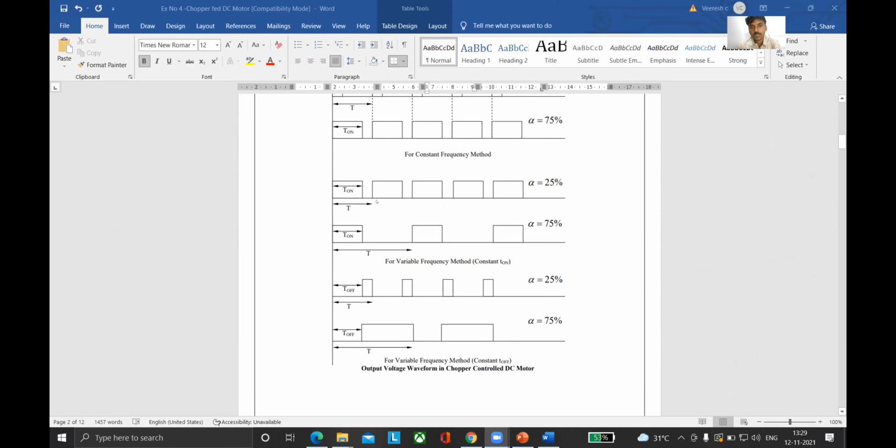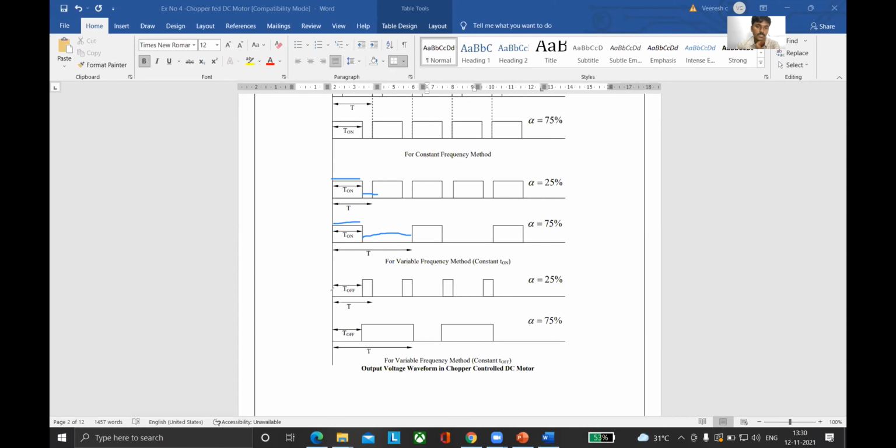Here the on time is constant. Here also the on time is constant, but we are varying the off time. Here only 25%, but here we are increasing the off time from 25% to 75%. So by increasing the off time, the total time period also changes.